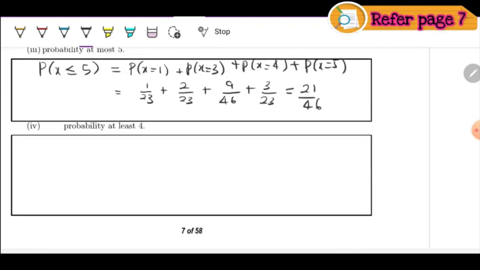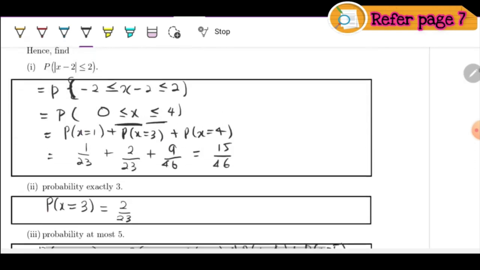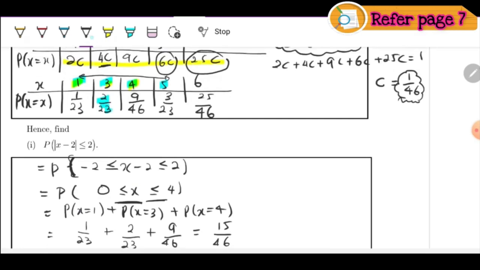Question number 4. Find the probability of at least 4. At least means greater than or equal to 4. So look at the table. Greater than or equal to 4 means starting from 4, 5 until 6.